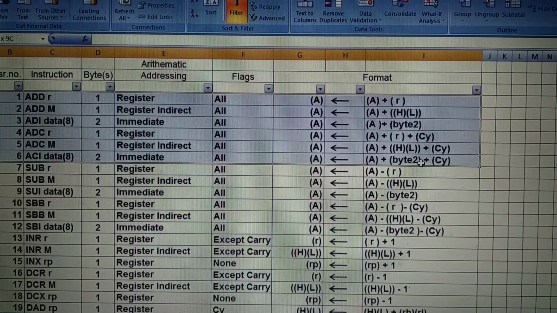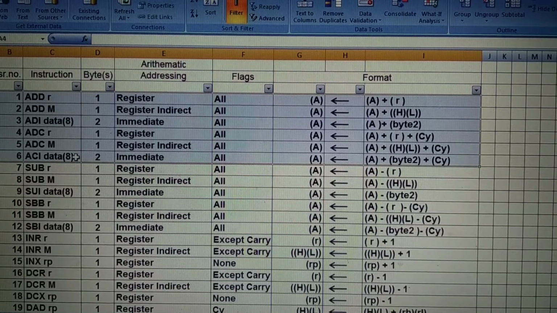Which 6 add instructions? ADD R, ADD M, ADI data, and same instructions add content of register along with carry, add content of memory along with carry, add byte 2 along with carry.